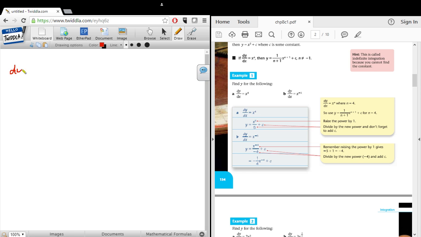So we have dy/dx equals x^4. Let's integrate this. In differentiation, I'll write this down for you. The first step was what?